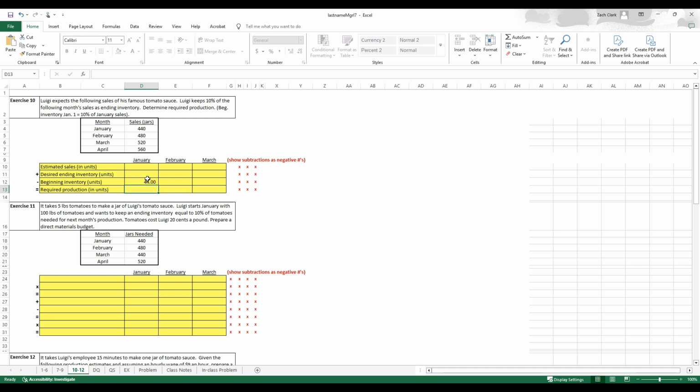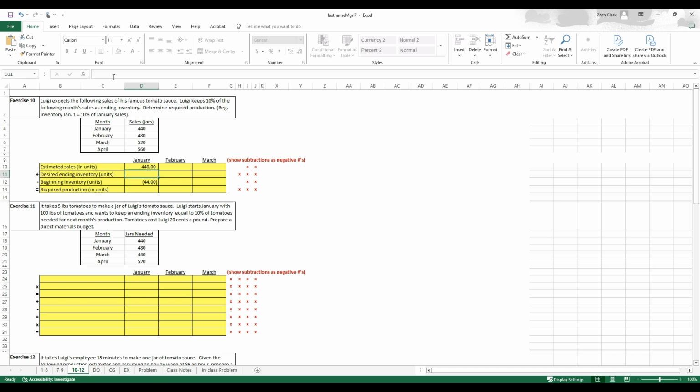So again, the beginning inventory is 10% of January sales, so 44. It's negative, there we go. Estimated sales for January is 440.